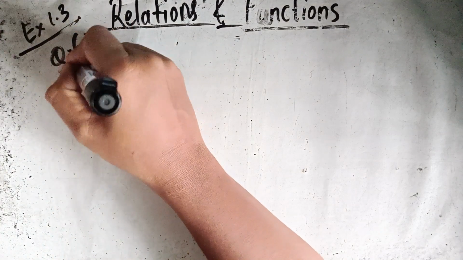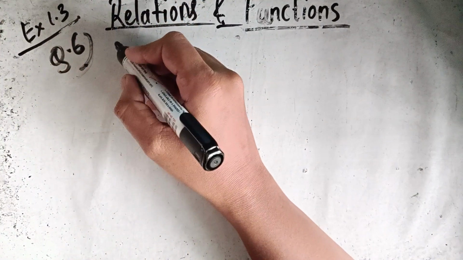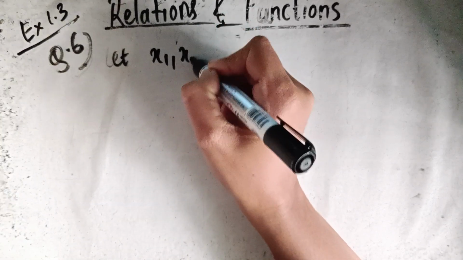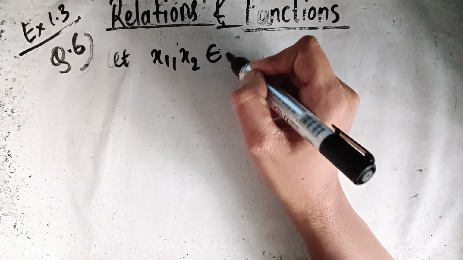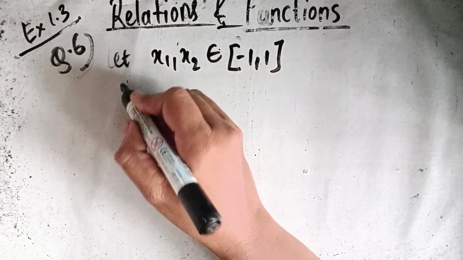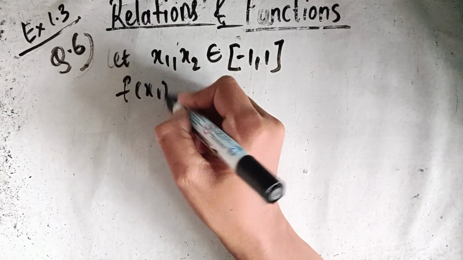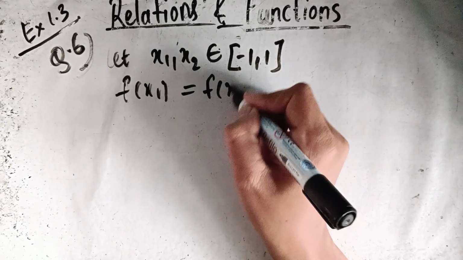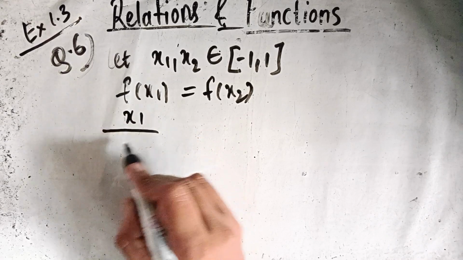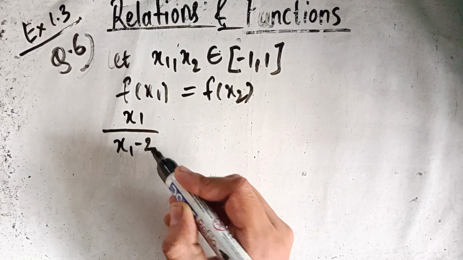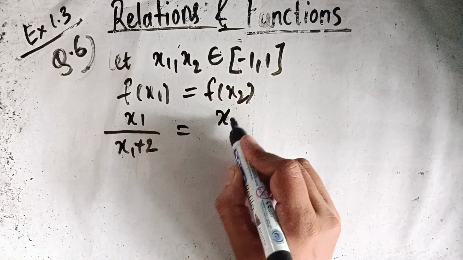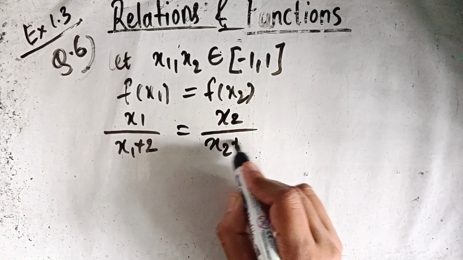So let's start. Let's say x1, x2 belong to the domain, and f of x1 is equal to f of x2. So x1 upon x1 plus 2 equals x2 upon x2 plus 2.